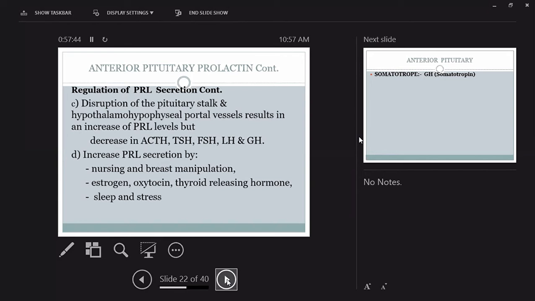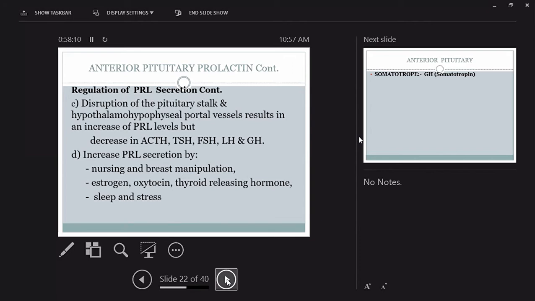Increased prolactin secretion is done by nursing and breast manipulation, by estrogen, oxytocin, thyroid releasing hormone, and sleep and stress.